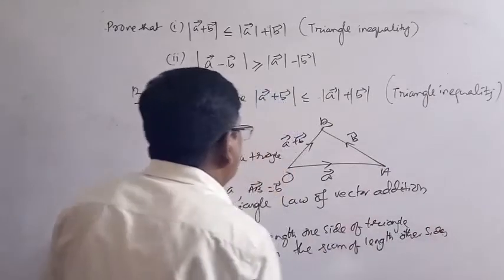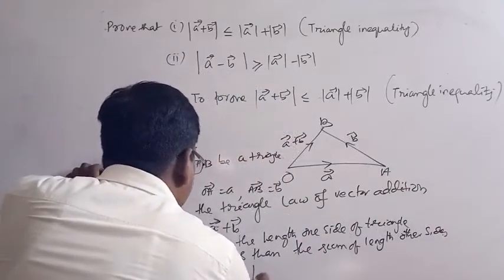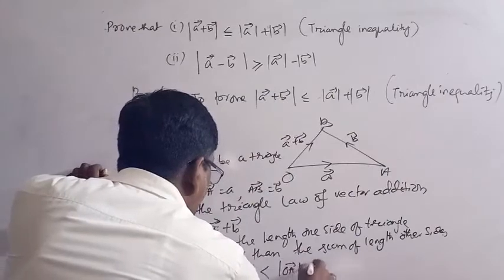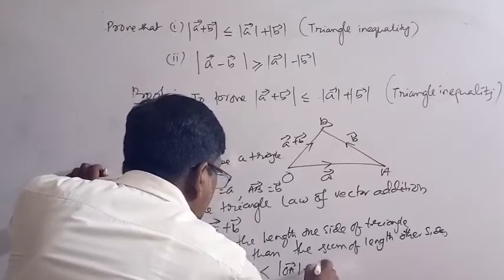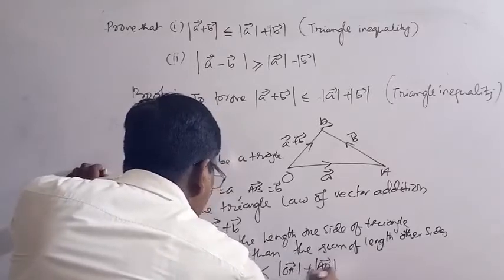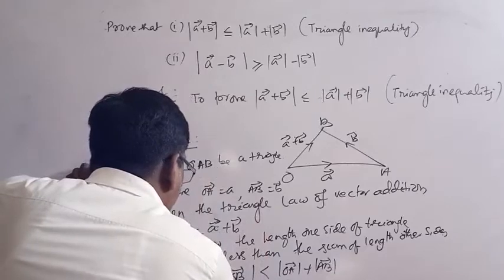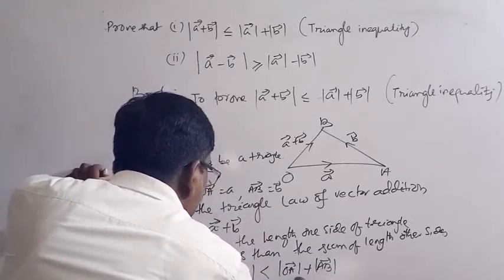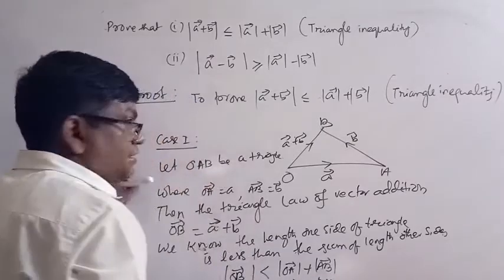So according to this, OB vector magnitude is less than OA vector magnitude plus AB vector magnitude. OB vector means A plus B, so the magnitude of A plus B is less than magnitude of A plus magnitude of B. Now this is case 1.